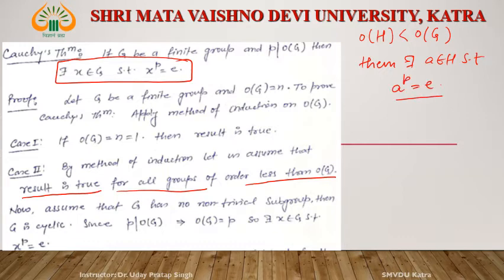It means by the method of induction we are assuming that this result is true for all groups whose order is less than the order of G.